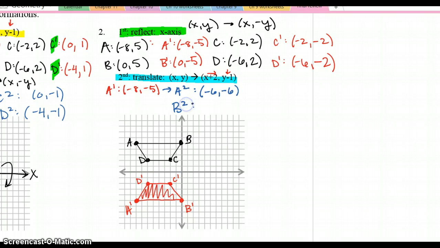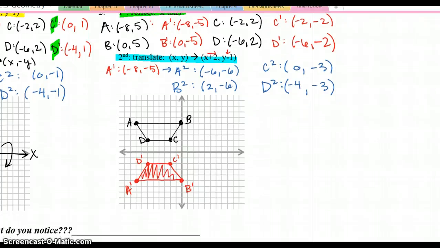B2, I'm going to take 0, negative 5, add 2 to my x, so my x is 2. Subtract 1 from y, so y is negative 6. C2, I have negative 2 plus 2 is 0. Negative 2 minus 1 is negative 3. And D2, negative 6 plus 2 is negative 4. Negative 2 minus 1 is negative 3. So, put these on the graph.